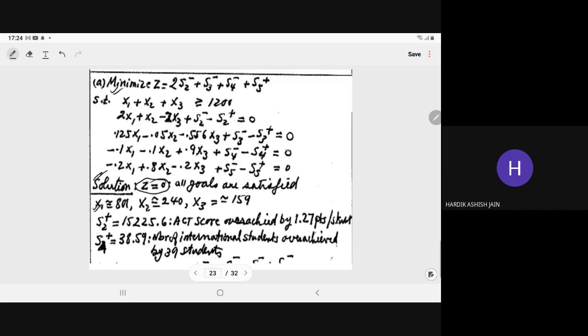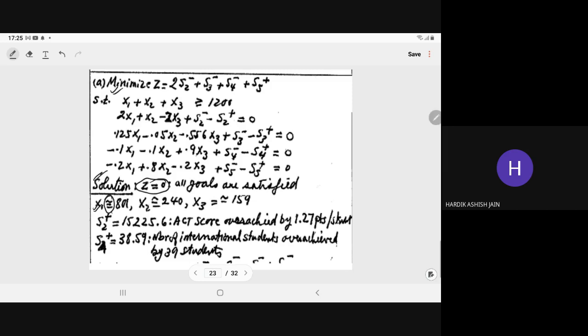They have written this as equivalent, meaning the answer might be 801 point something or 800 point something, but they have said it is 801. So equivalent to 801, 240, 159. This is the minimum requirement of the number of students that they are saying.